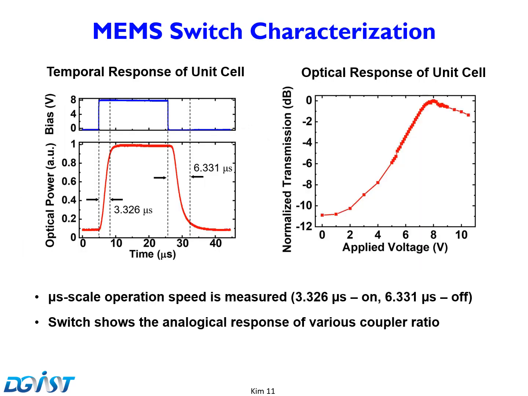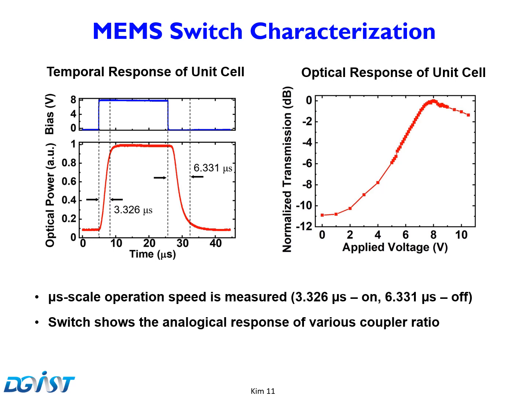We characterized our switches. The left figure shows the time response of the switch unit cell. It takes about 10 microseconds for one cycle of on and off operations. It indicates that our optical power distribution network can be reconfigured 10,000 times per second.